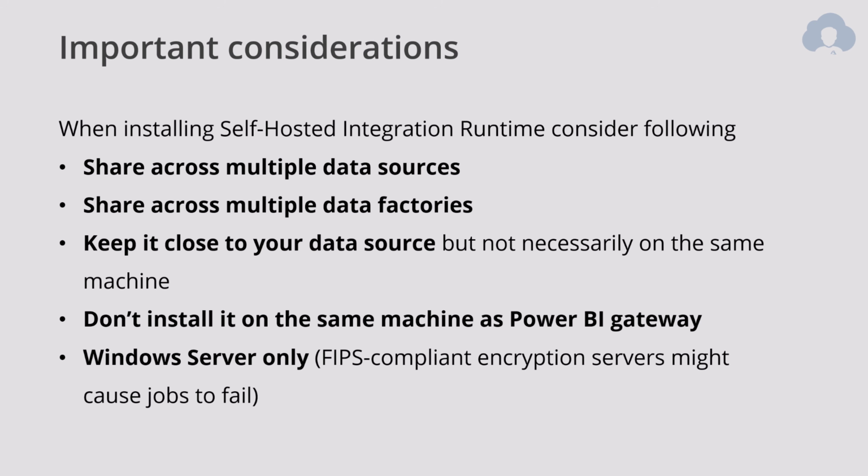And lastly, currently integration runtime is a Windows-only service, so you cannot install it on a Linux machine. And if that machine has FIPS compliant encryption, it might cause some jobs to fail. So either disable that or pick another machine to install it on. And those are the most important considerations when installing Data Factory Integration Runtime.